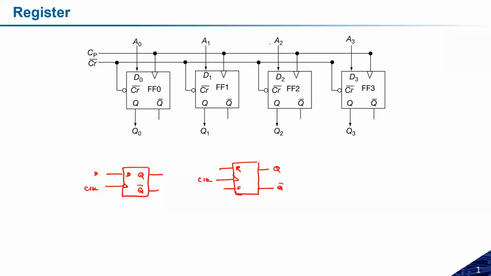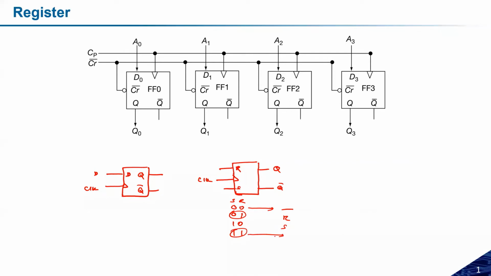In the RS flip-flop, we have four possibilities: 0 0, 0 1, 1 0, and 1 1. 0 0 gives you the past data. 0 1 will reset. 1 0 will set, and 1 1 will give you the indeterminate data.